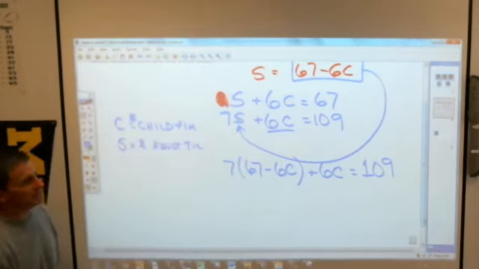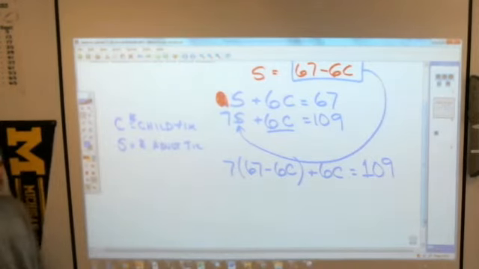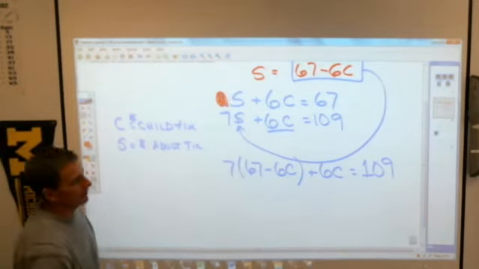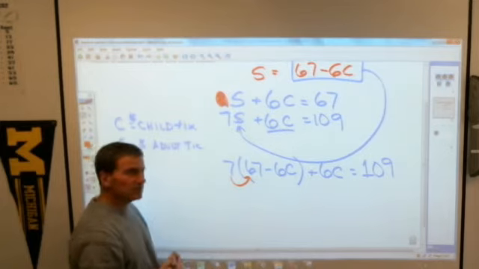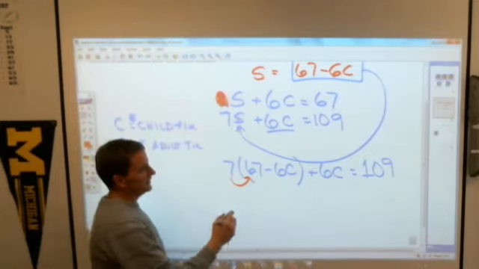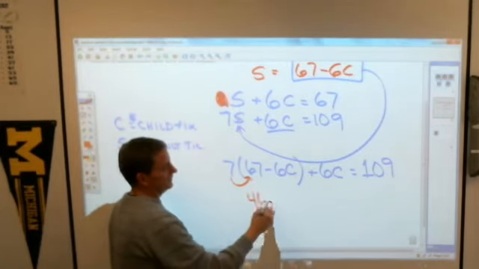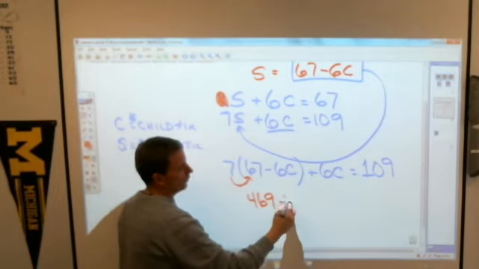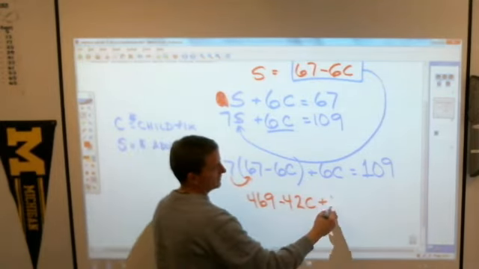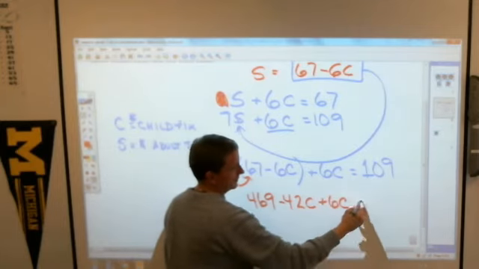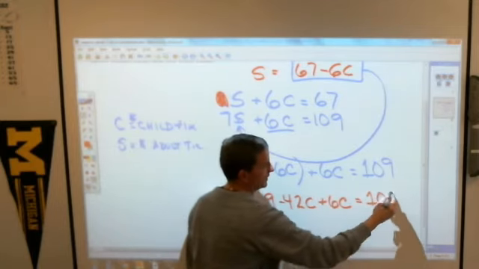If something did not make sense, where do we go from here? Everybody knows that 7 times 67 is 469. 469 minus 42 C's plus 6 C's equals 109.